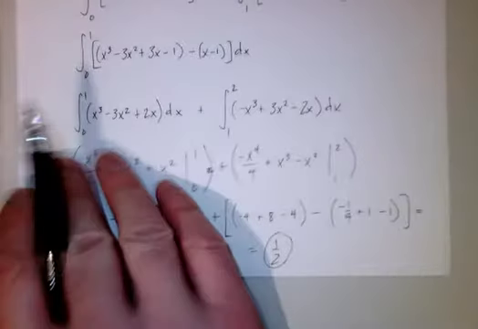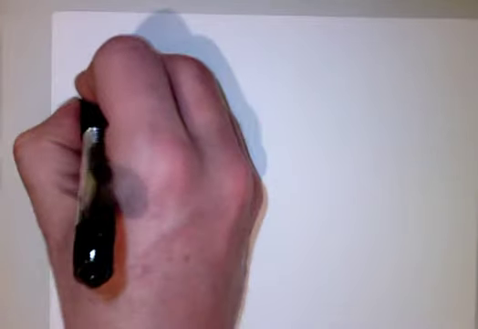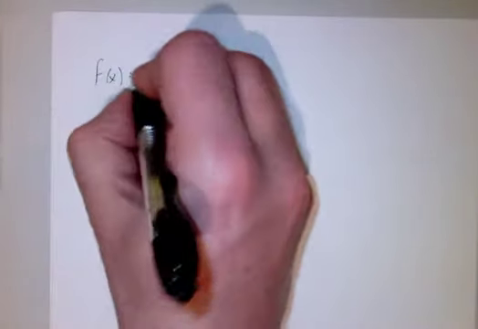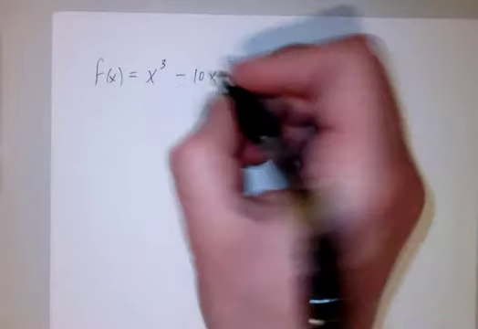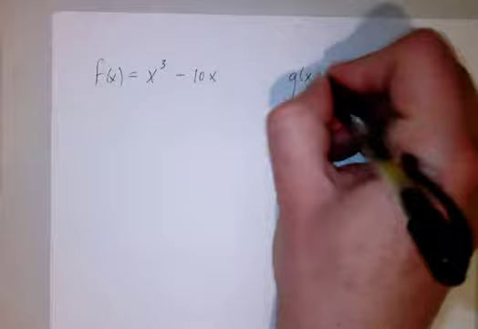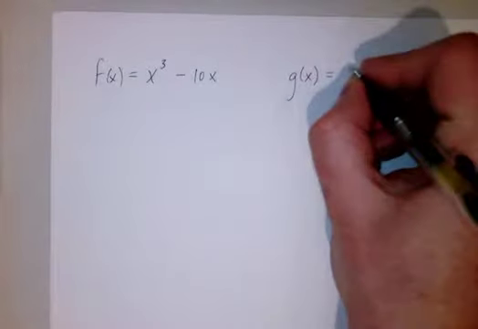Now, let's go ahead and move on to another one. All right, let's go ahead and do this one. Let's say we're given f of x is equal to x cubed minus 10x, and you're given g of x is equal to 6x.